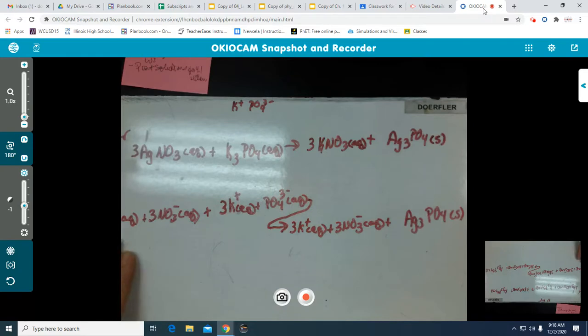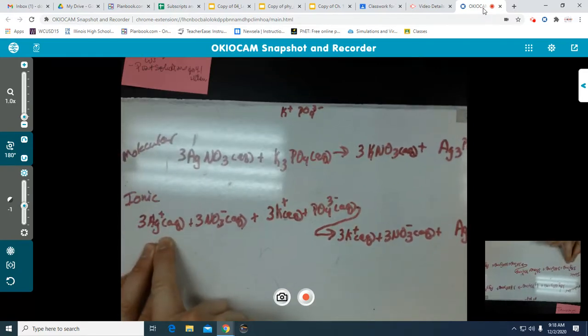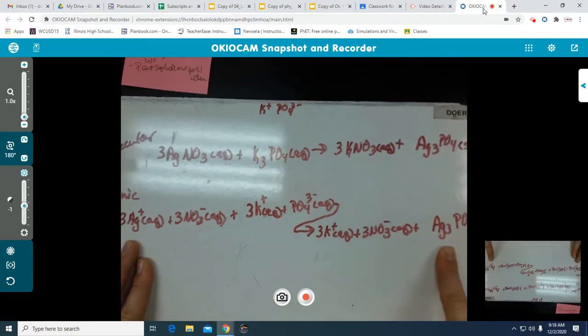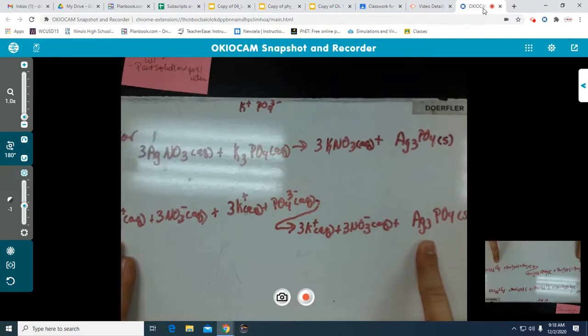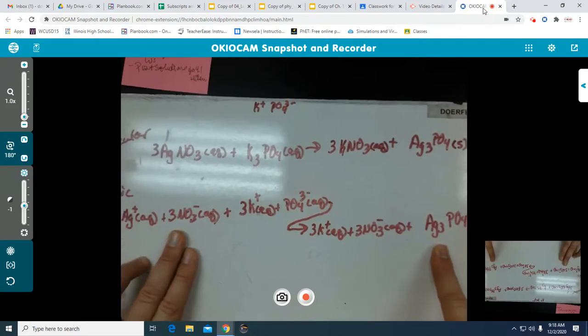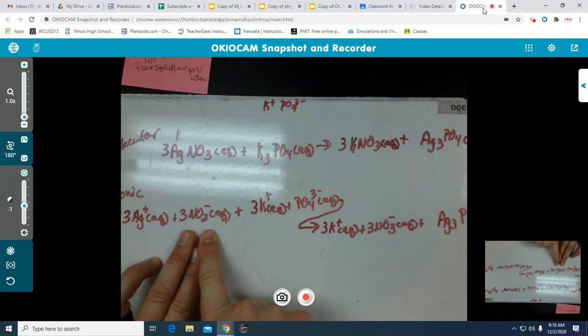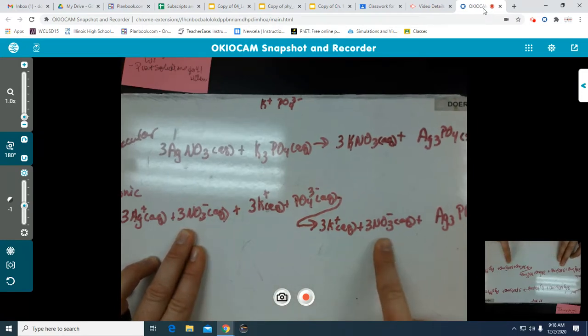Now for our second to last step, we identify what has not changed. Silver is a positive ion in the aqueous form on the left, but it's now part of a solid on the right, so we can't cross that out. We have 3NO3- aqueous on the left and 3NO3- aqueous on the right, so we can cross those out.